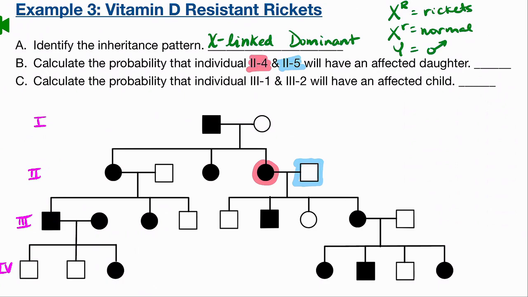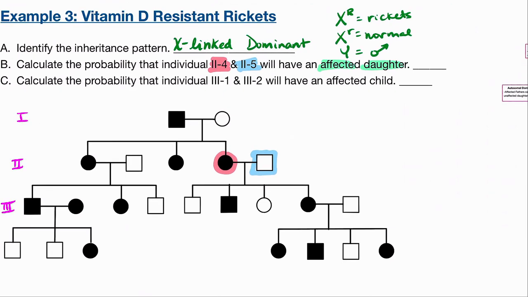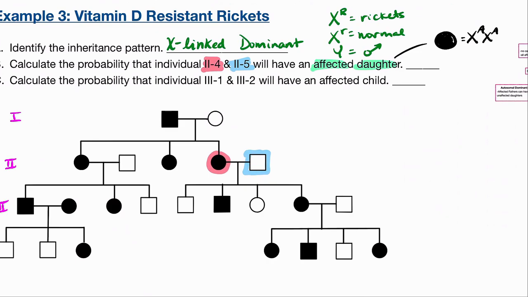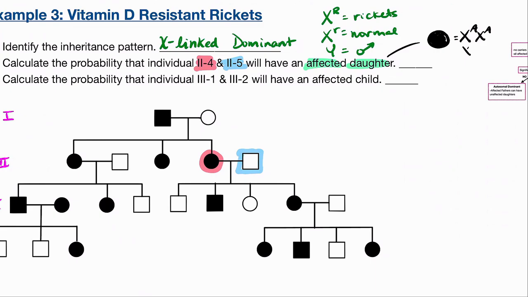So what are the chances they will have a daughter that's affected? An affected daughter would be a circle, and it's affected. Because it is X-linked, she could have 2 possible genotypes, big A big A or big A with a little a.